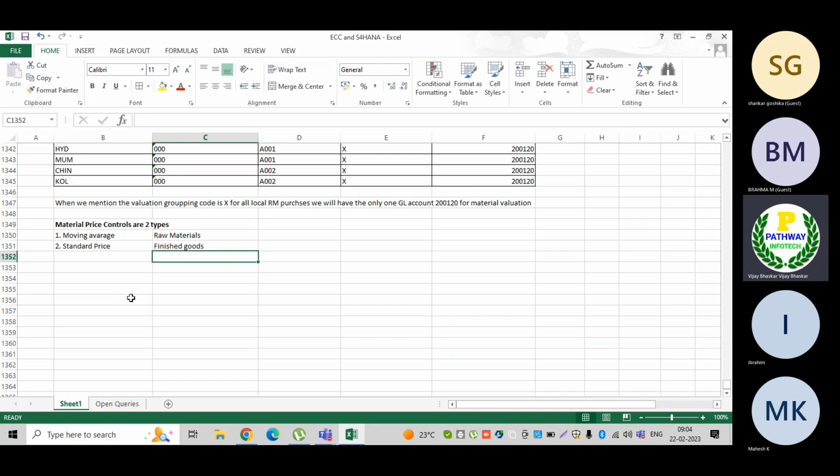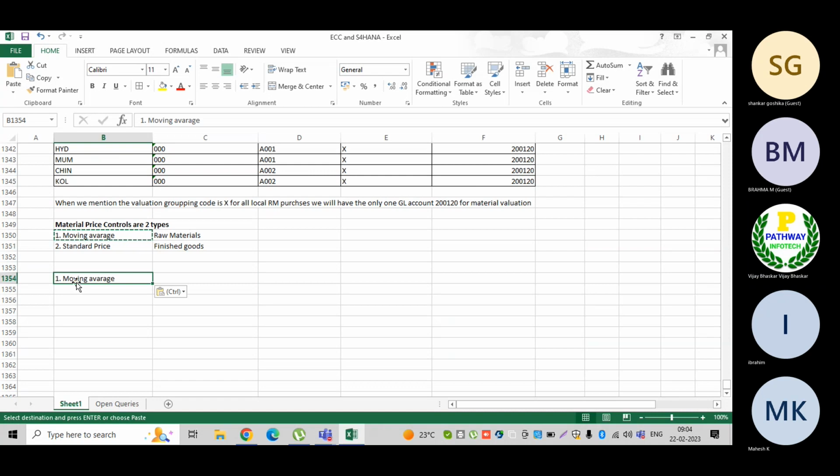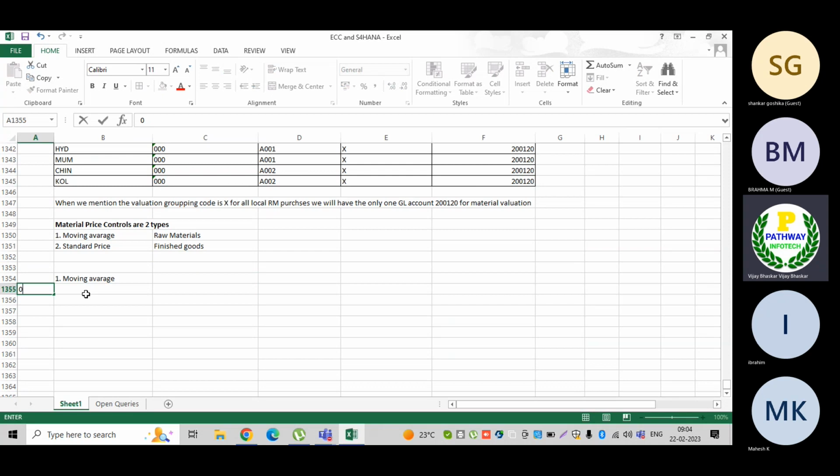Now let us assume for moving average, on 20th of February 23 we purchased rubber, let us assume iron, the raw material which we have purchased.